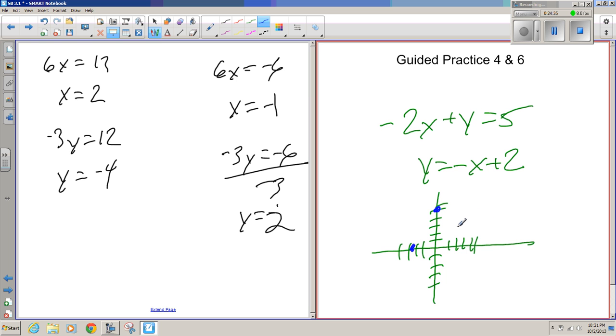y equals negative x plus 2. So that means y is 2. Oh, let me draw this line in here. So y is 2.